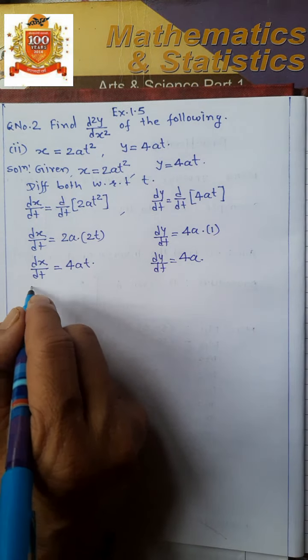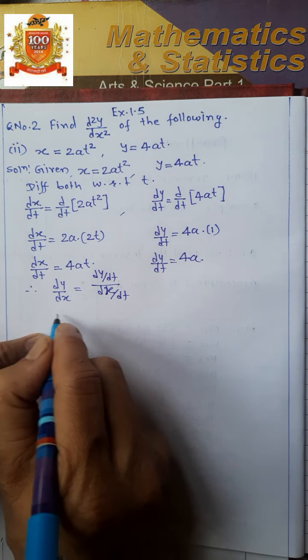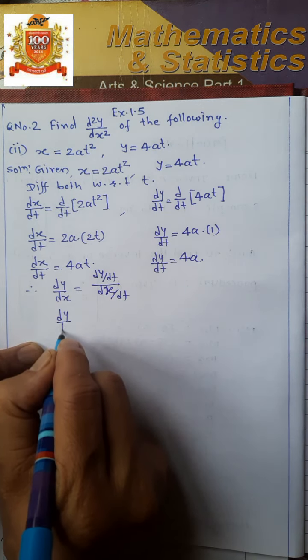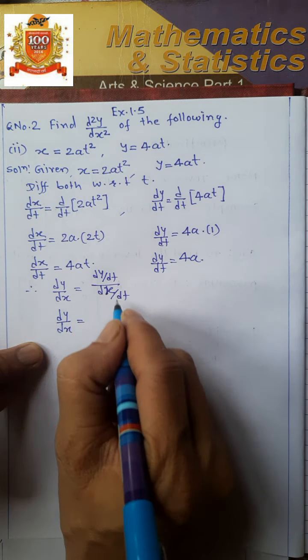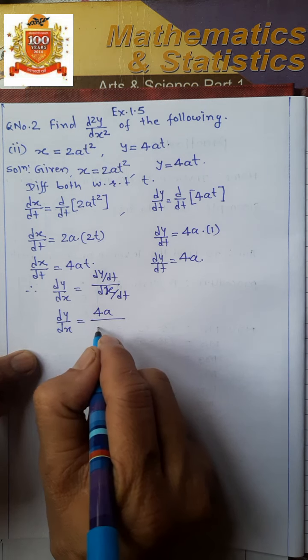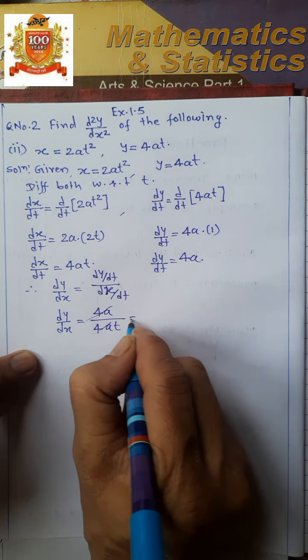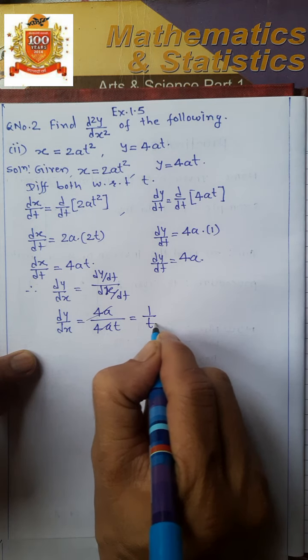Therefore dy by dx is equal to dy by dt upon dx by dt. Therefore dy by dx is equal to 4a upon 4at. 4a gets cancelled, which is equal to 1 upon t.